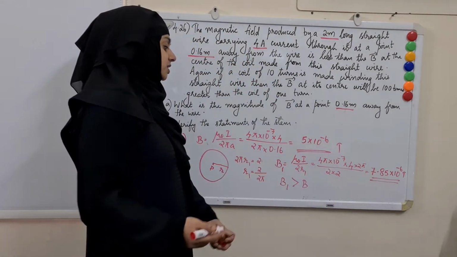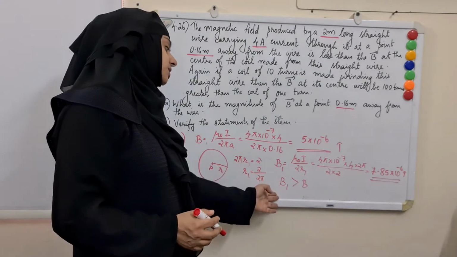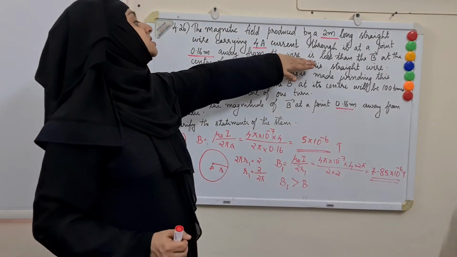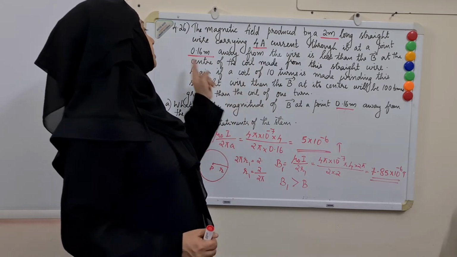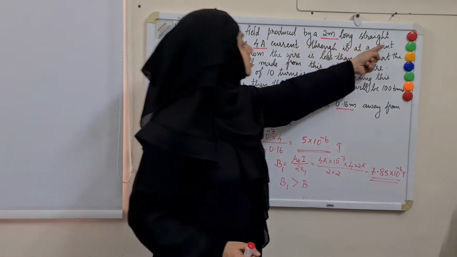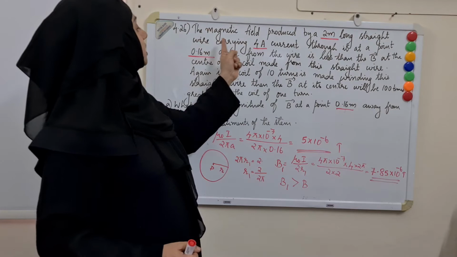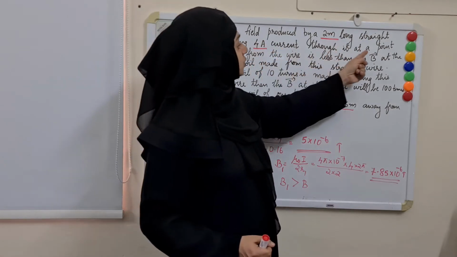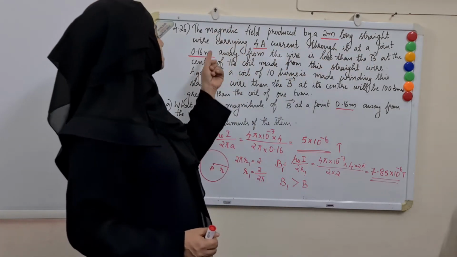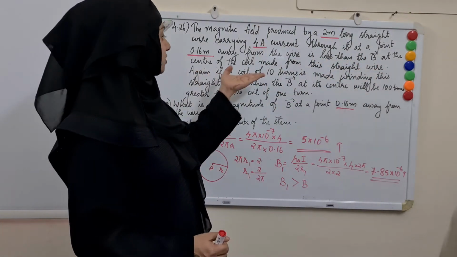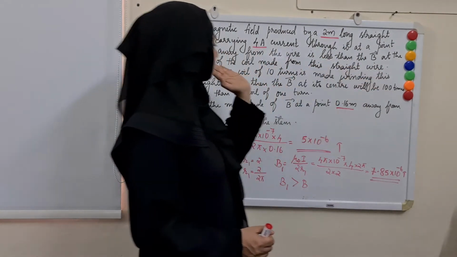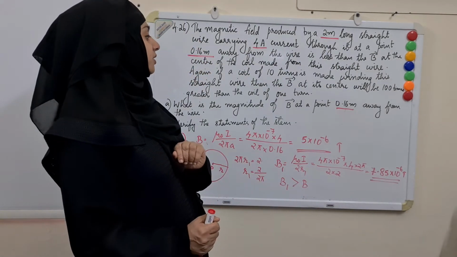So B1 is greater than B, or B is less than B1, and hence the first statement is justified. So the magnetic field produced by a 2 meter long straight wire carrying 4 ampere current at a point 0.16 meter away from the wire is less than the magnetic field at the center of the coil made from the straight wire. So this we have verified.